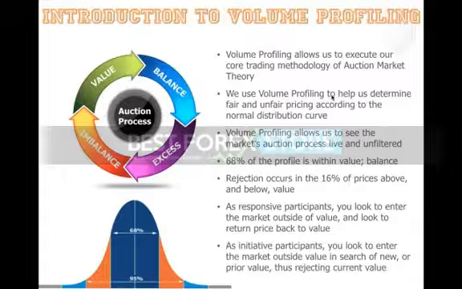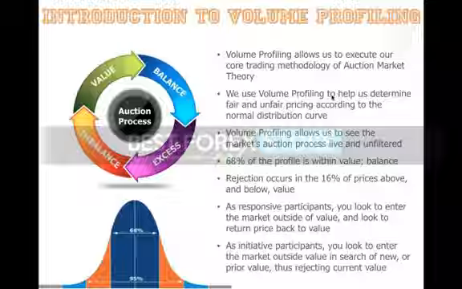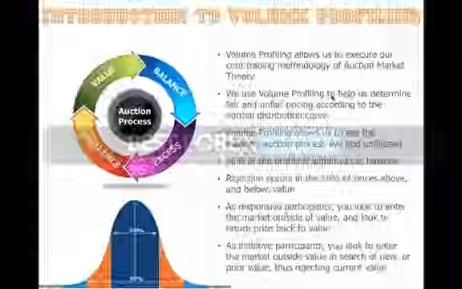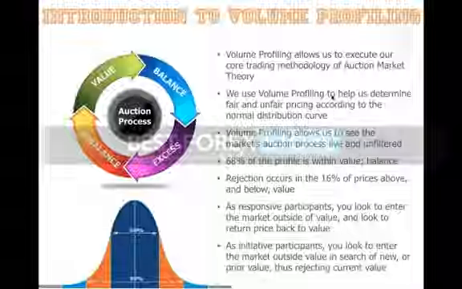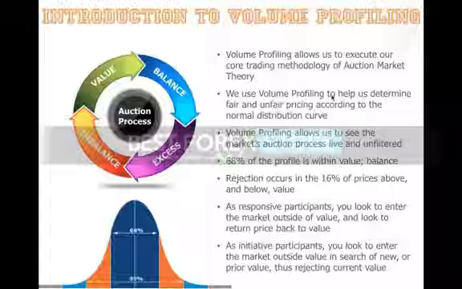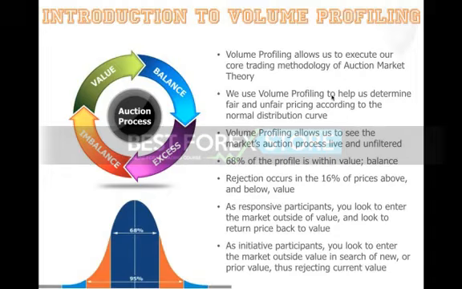Rejection occurs in the 16% of prices above and below value. And as responsive participants, you look to enter the market outside of value and look to return price back to value. As initiative participants, you look to enter the market outside of value in search of new or prior value, thus rejecting current value. So these are the main points.